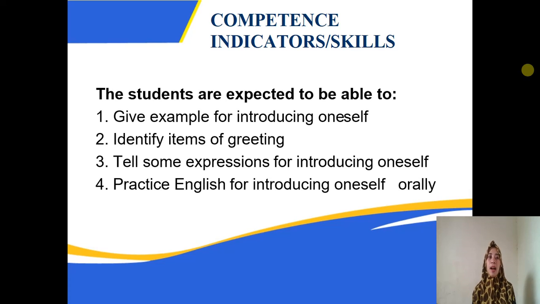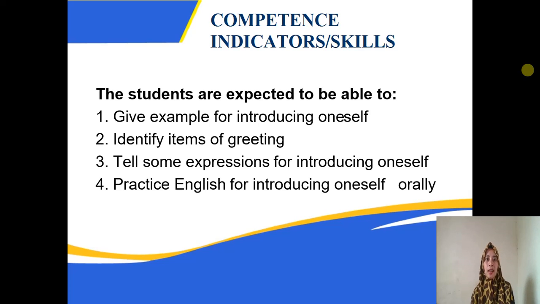Okay. There are 4 goals for learning English. The students are expected to be able to: 1. Give example for introducing oneself. The second goal for learning English: the students are expected to be able to identify items of greetings.